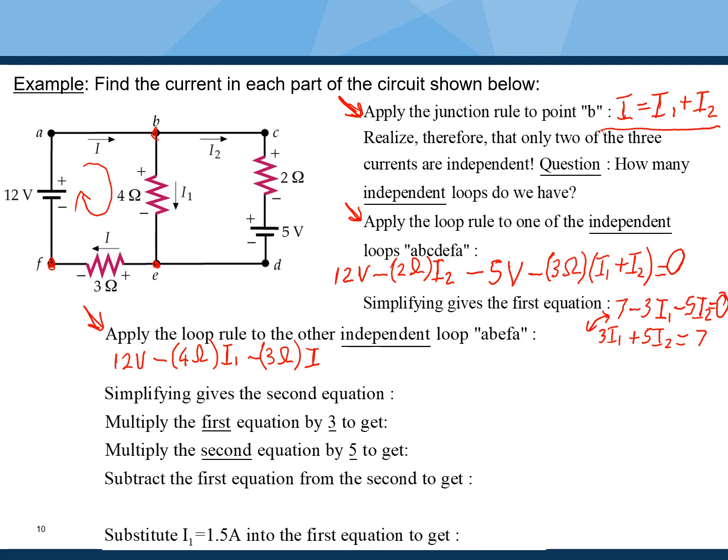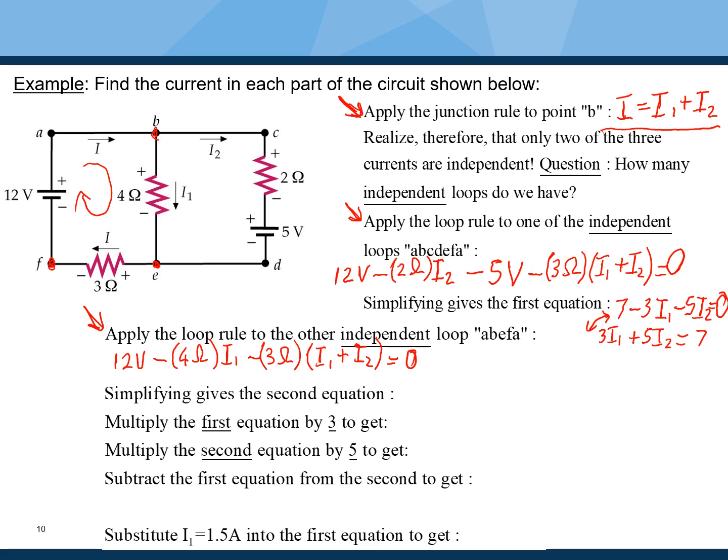So instead of having I out there, we're going to replace it with I1 plus I2. So we quickly erase I, and put I1 plus I2. Okay, this is equal to 0.